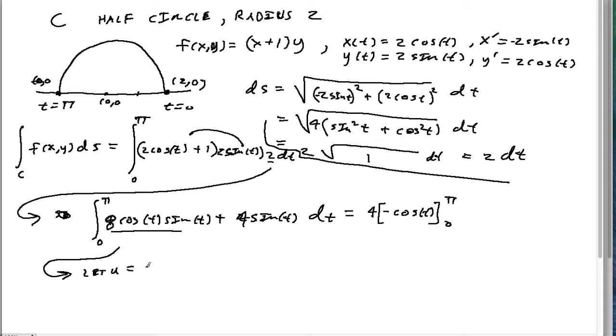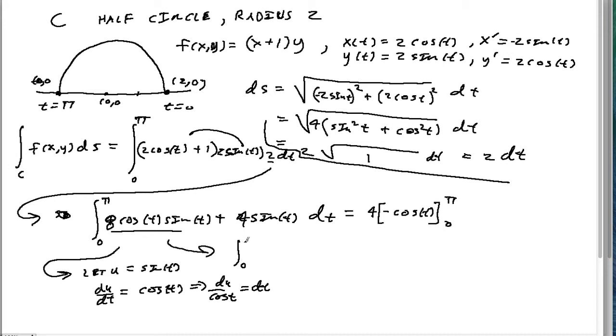Let u be sine of t. So du dt is going to be equal to cosine of t. So du over cosine t is equal to dt.